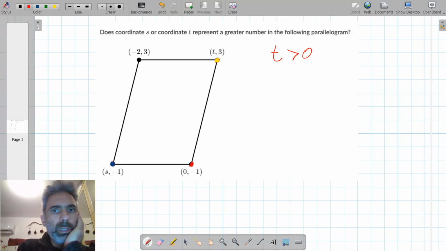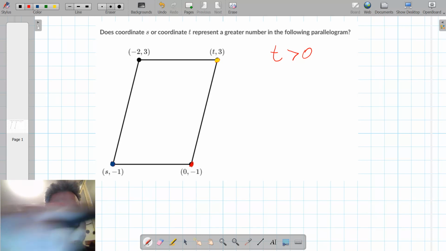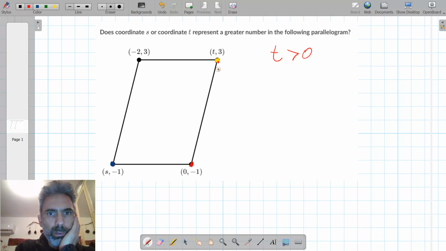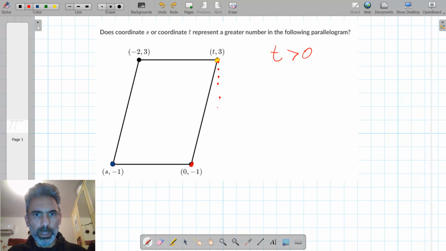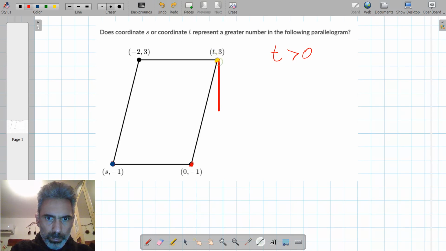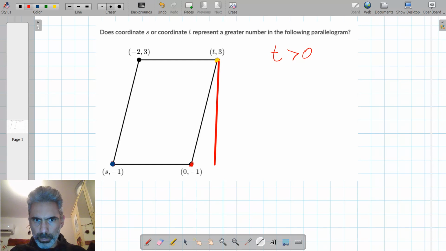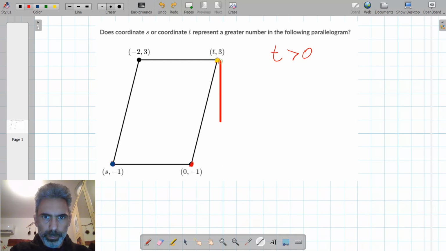So we see that T is greater than 0 because it is to the right. If I draw a vertical line going down from the upper right corner, okay, it's vertical. So we see that T is to the right of 0.